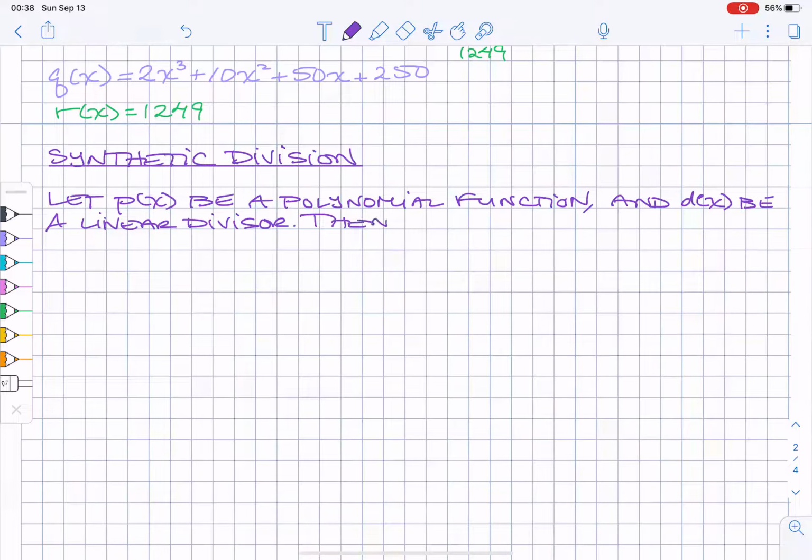Then, and only then, may we use synthetic division.